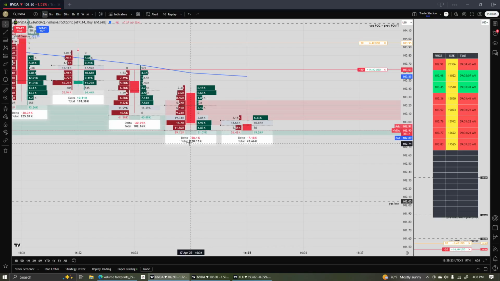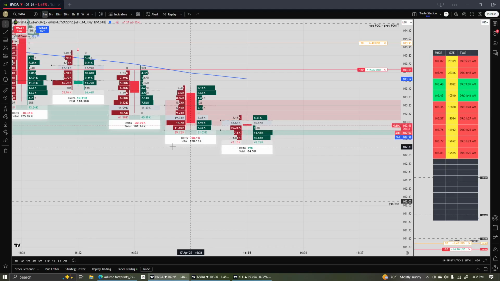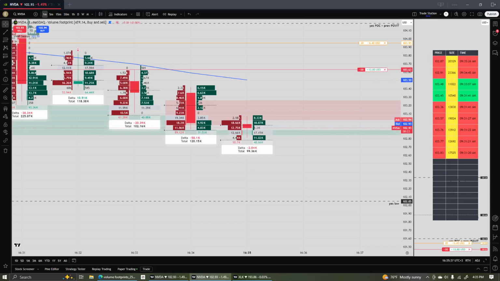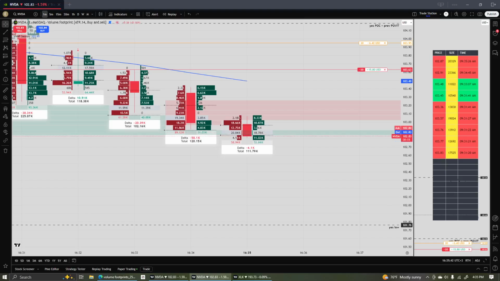Again a red candle with negative delta, so the move is in our favor. Yesterday's low was not at 102, it was at 100.576.